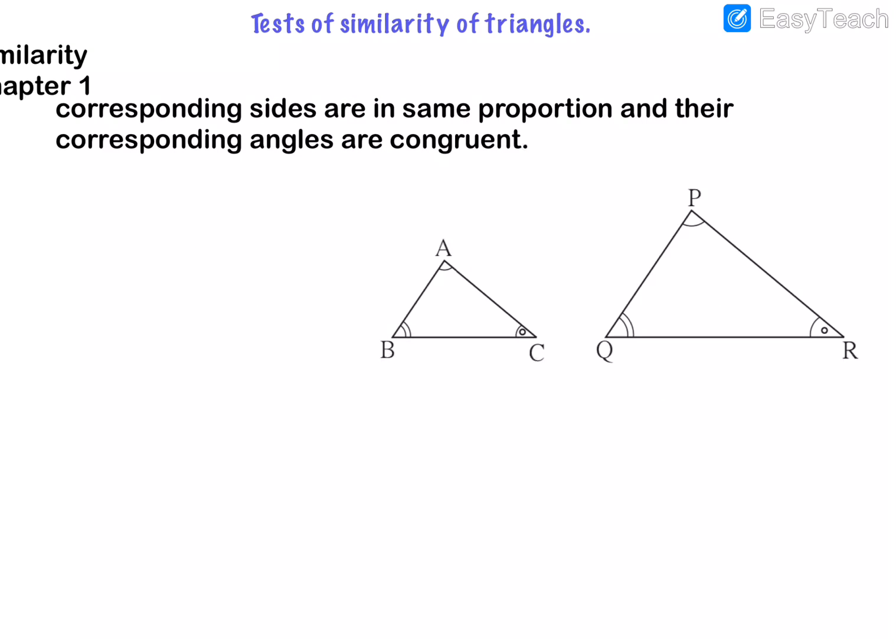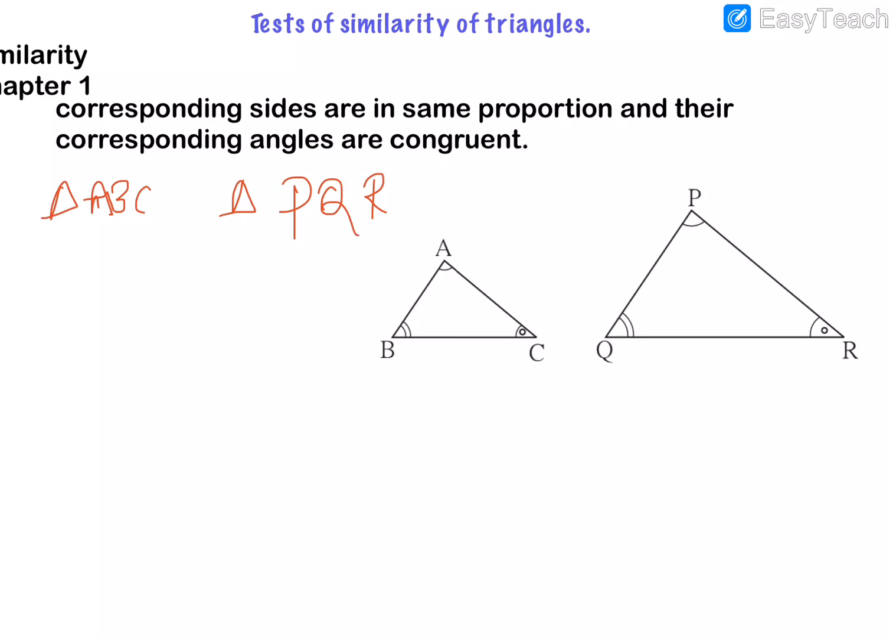Before that, you can see two triangles here: triangle ABC and triangle PQR. The two triangles are similar if all the angles of triangle ABC are congruent to the corresponding angles of triangle PQR.